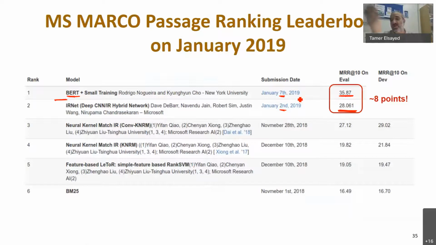An 8 point improvement, which is rare in IR, so quickly. The first BERT paper was posted, not even published, sometime in November or December 2018, and in less than 1 month, it made a big jump on an IR task.